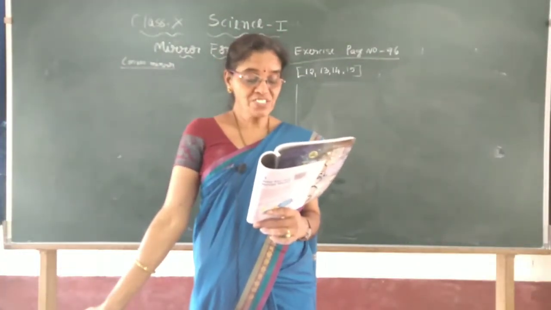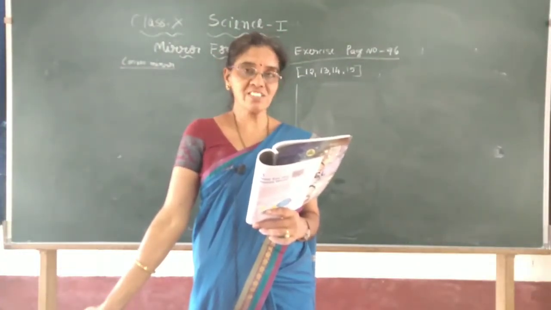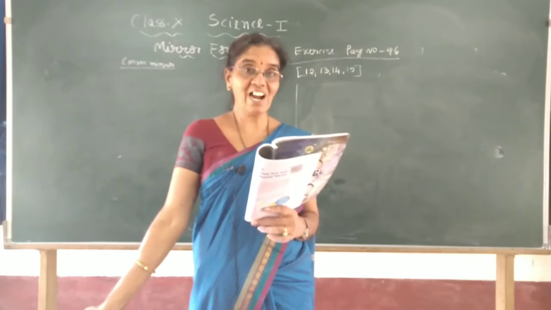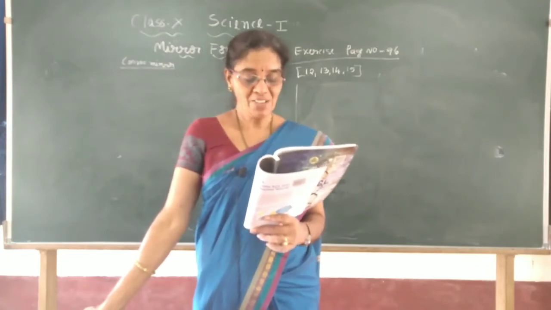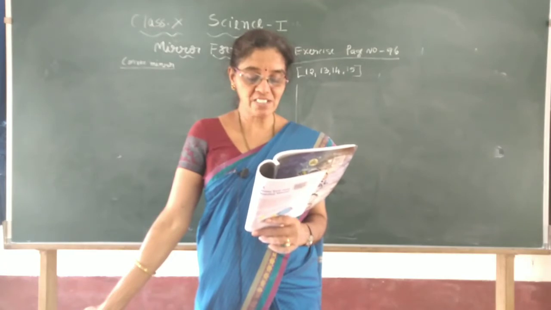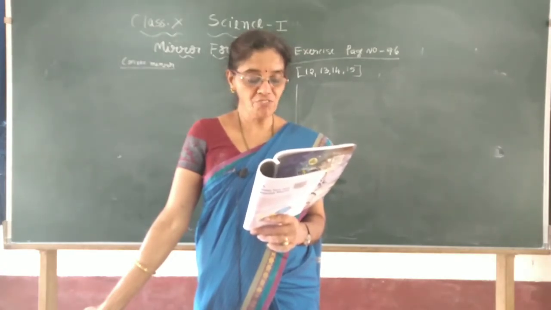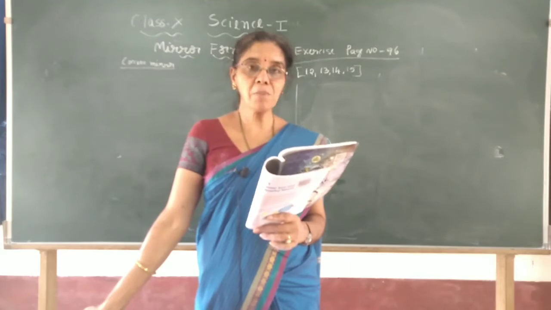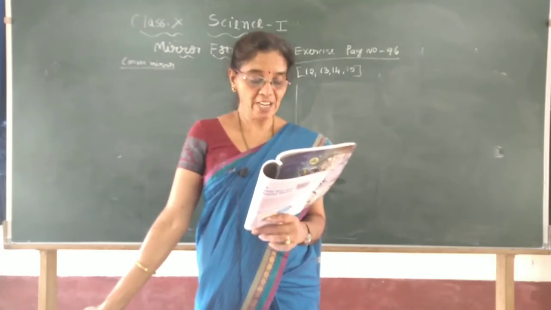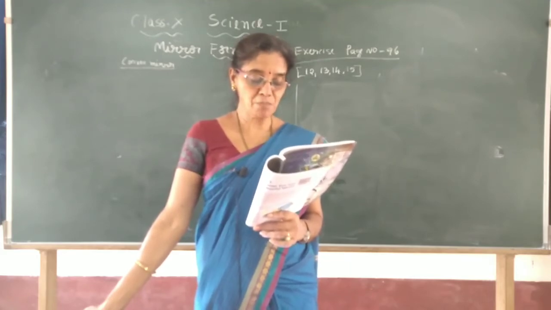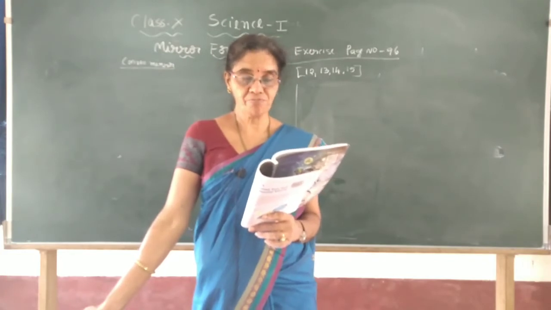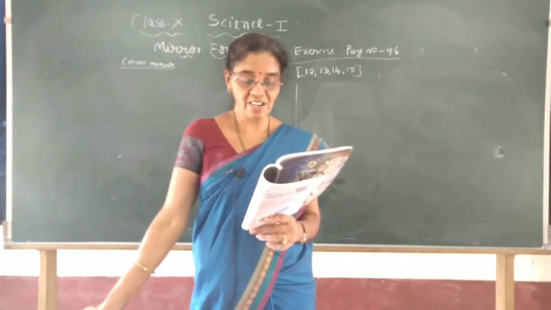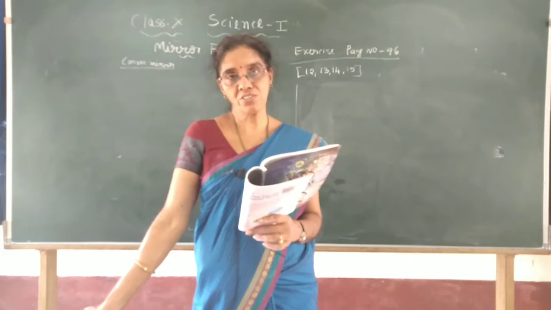An object of size 7.0 cm is placed at 27 centimeter in front of a concave mirror of focal length 18 centimeter. At what distance from the mirror should a screen be placed so that a sharp focused image can be obtained? And you have to find the size and nature of the image.